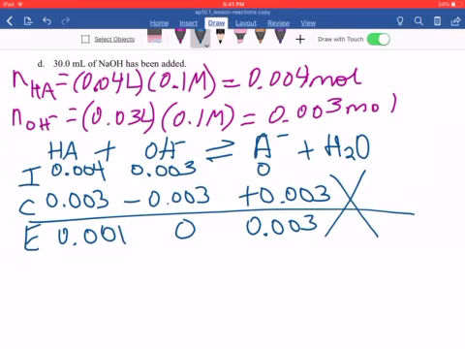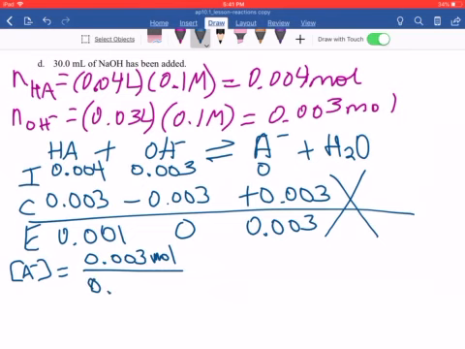All right, our next step is to find our concentrations of each of those. Our concentration of acetate, we'll start with that, is 0.003 moles. We need to divide it by the total amount of liters. We added 30 milliliters of sodium hydroxide, and we had 40 milliliters of acetic acid, so 40 plus 30 is 70 milliliters. I'm going to convert that to liters to make my life easy.